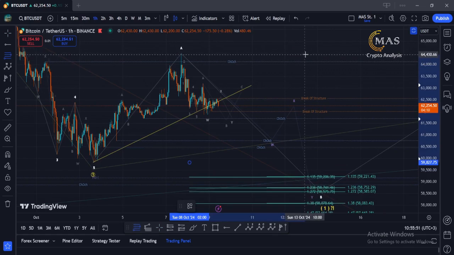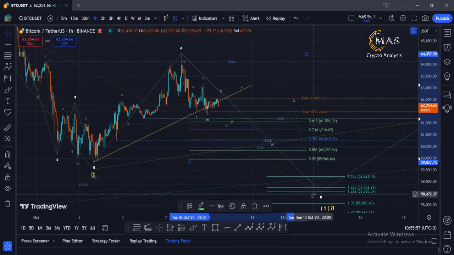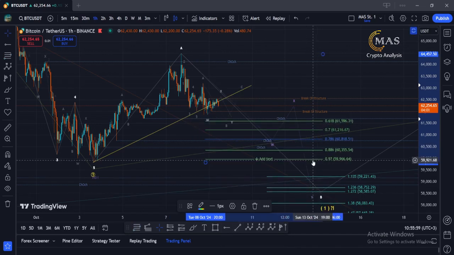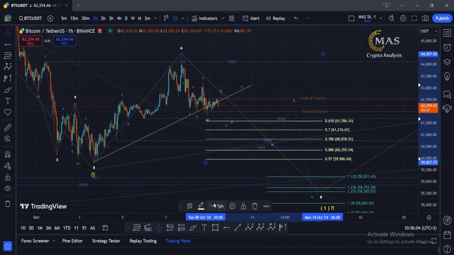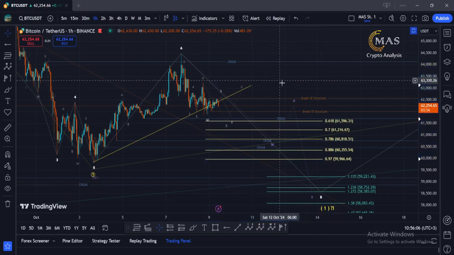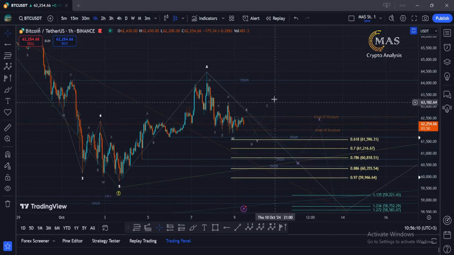I will put it here, reaching for the top with these green levels. I will change its color only to be visible, reaching for this point, and I will remove this trend line because we have this channel.